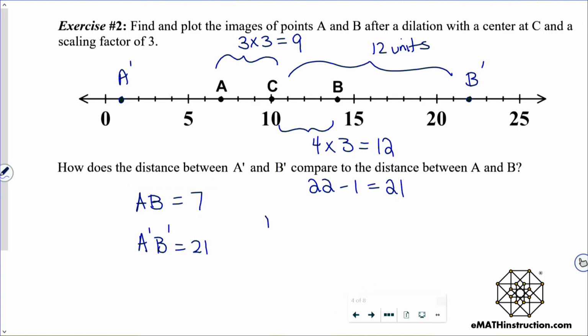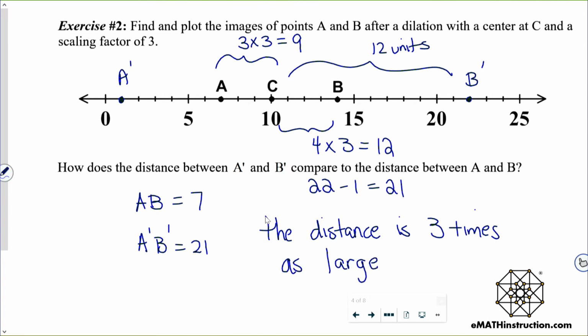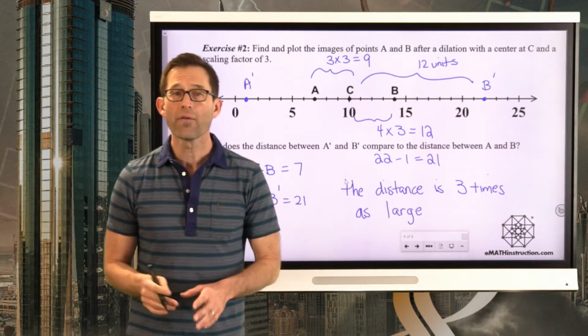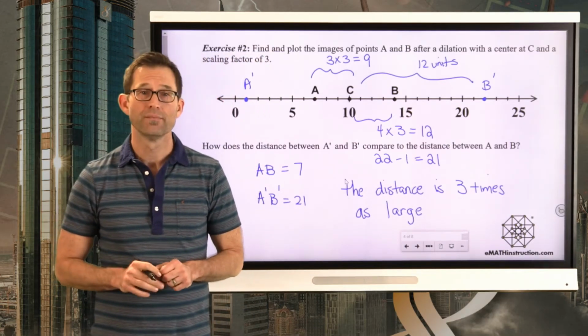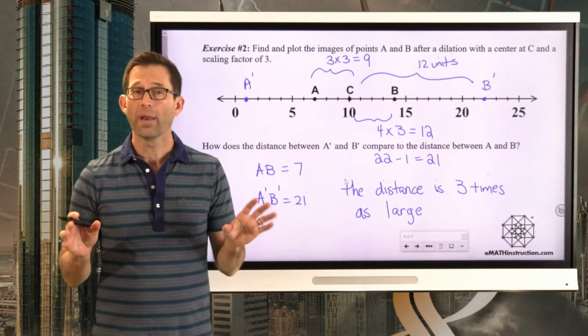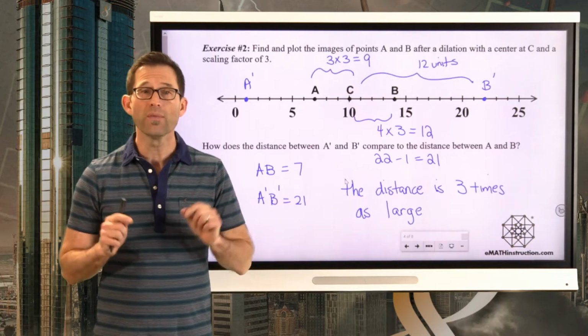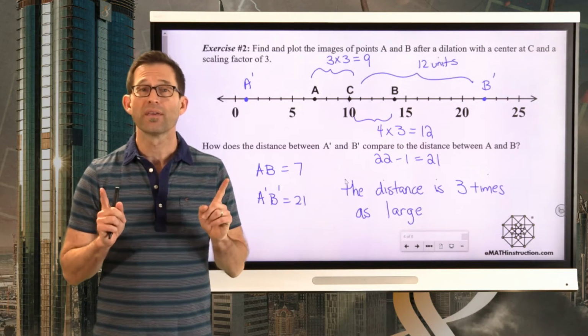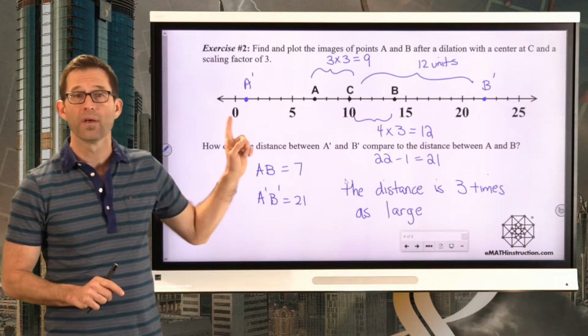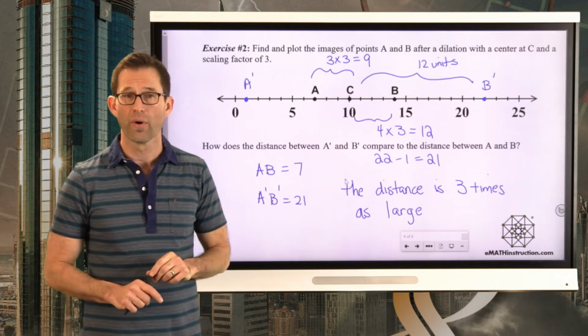And notice the distance is 3 times as large. And that, in fact, is always the case. Whenever we dilate multiple points, even though we dilate each one of them individually, the distance between the 2 points that we dilate gets scaled by exactly the same amount as what we dilated the original points by.